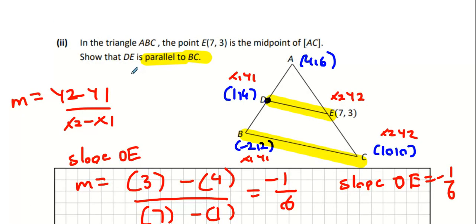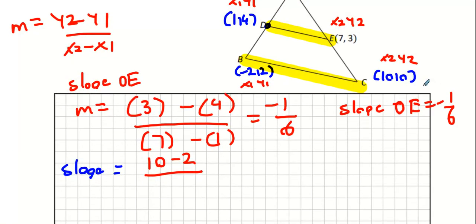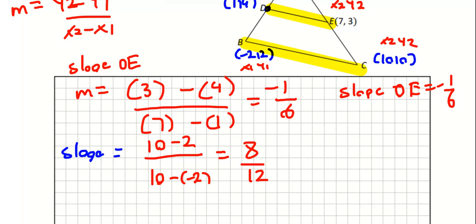So D to E was 6 on the bottom, 1 on top. Now we're doing B to C. And B to C is 10 minus 2, which is 8. And on the bottom it's 10 minus 2, which is 12. Sorry, there it is, BC.